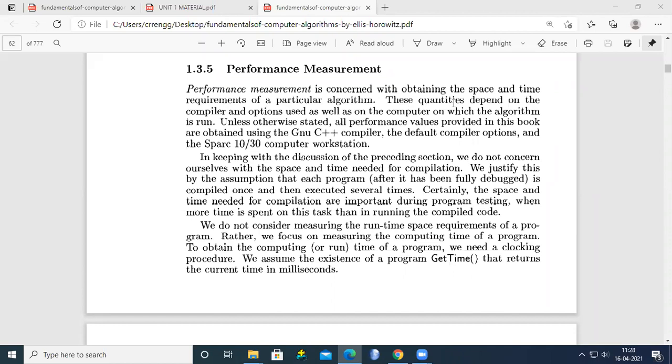These quantities depend on the compiler and options used, as well as on the computer on which the algorithm is run. Unless otherwise stated, all performance values considered are obtained using the CPP compiler. We are considering the GNU CPP compiler as the default case.